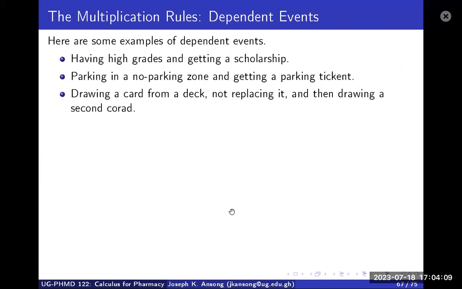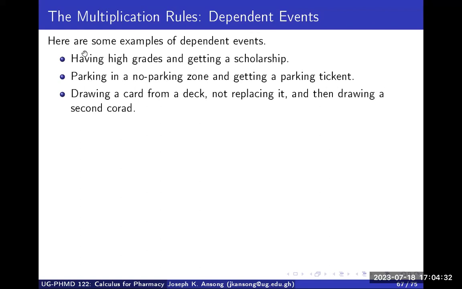Right? So examples of dependent events would be, these are simple practical examples. Having high grades and getting a scholarship, they are dependent, right? Oftentimes scholarships are given to students who have high grades.